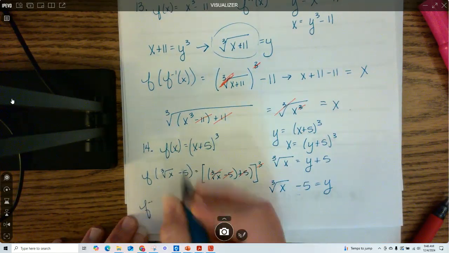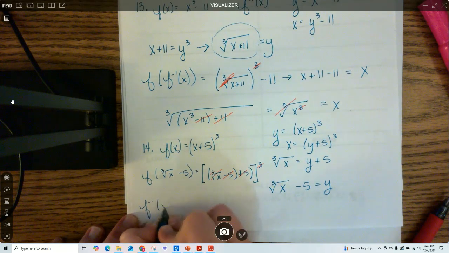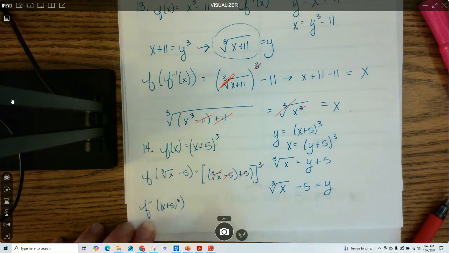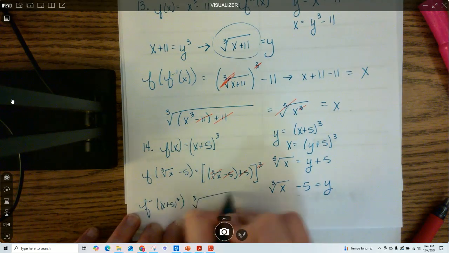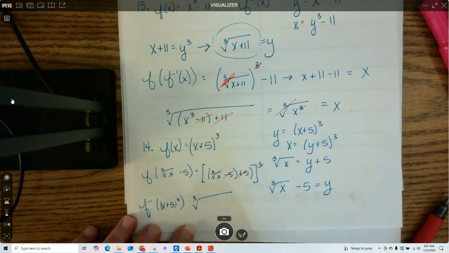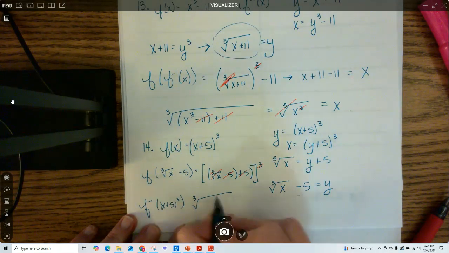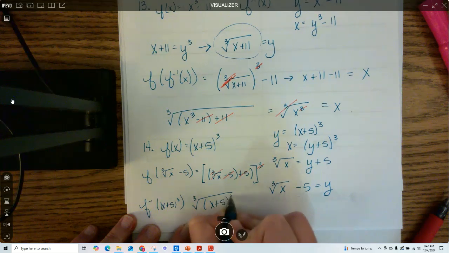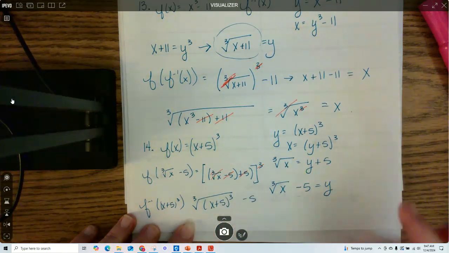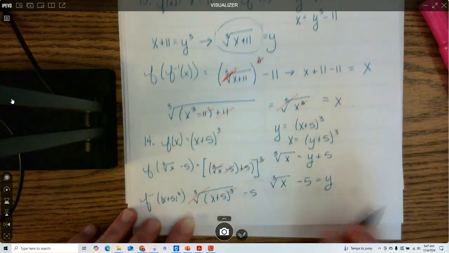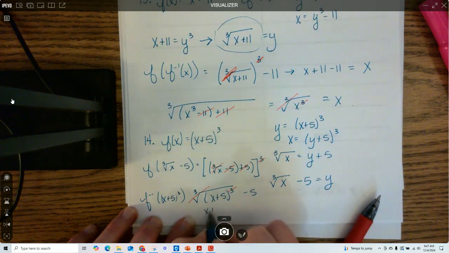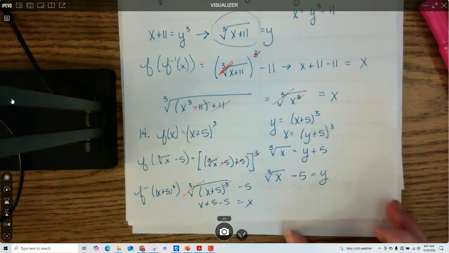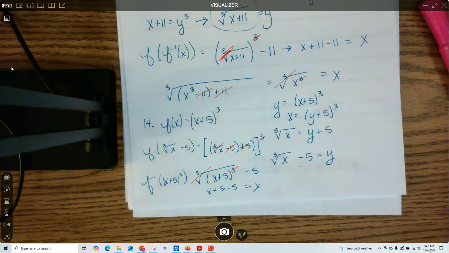And then if we test the inverse, we would have the cube root of (x plus 5) cubed, minus 5. The cube root cancels that, and we'd be left with x plus 5 minus 5, which just equals x. So yeah, it checks.